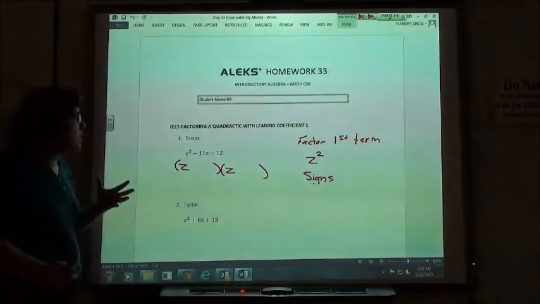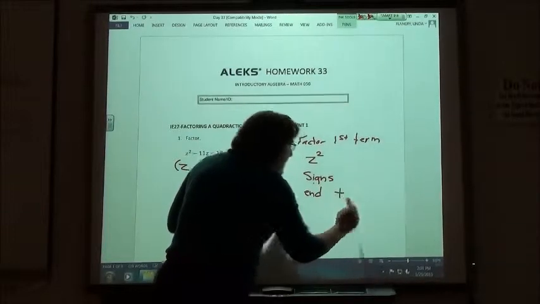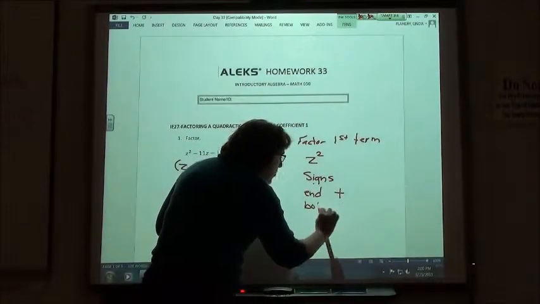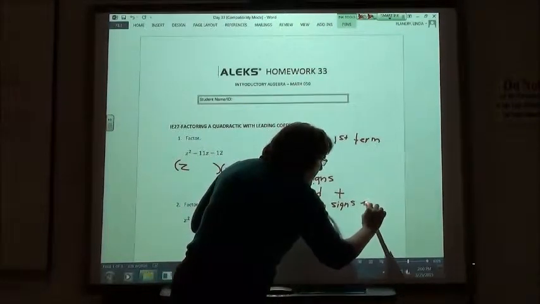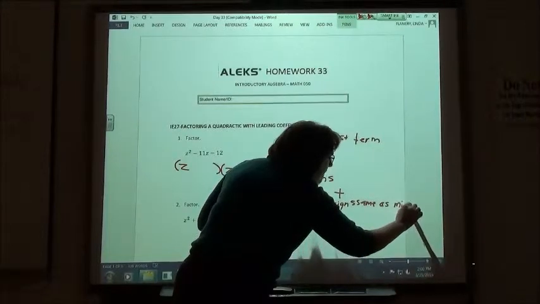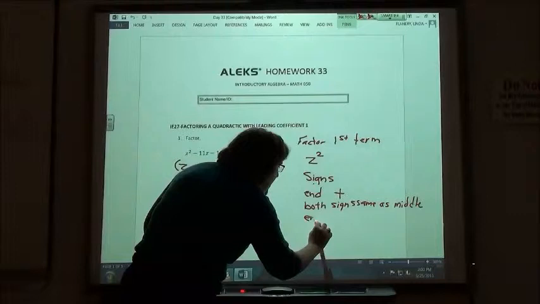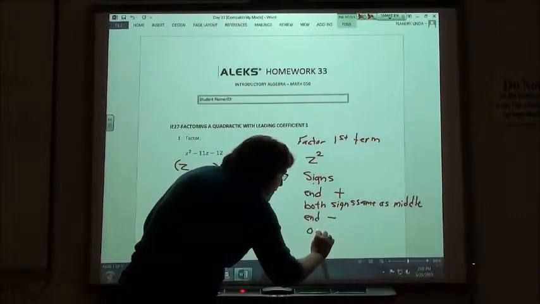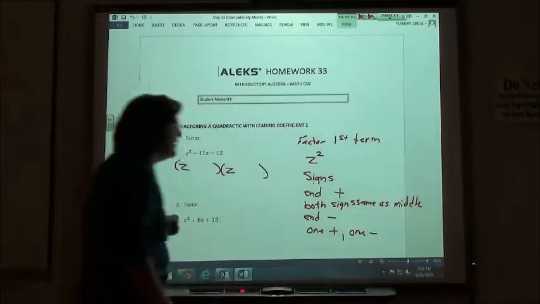The way to figure out your signs is if the end is a positive, both signs have to be the same as the middle sign. If the end is a minus, you're going to have 1 plus and 1 minus.